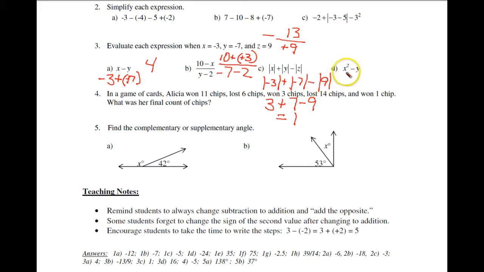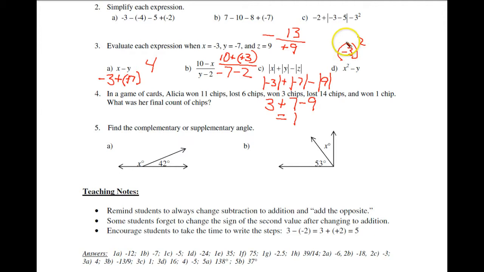Now for letter D, we have x, which is a negative 3, that we're going to square. Now remember, the base is negative 3. I put it in parentheses to be sure I have the negative that's also going to be squared.